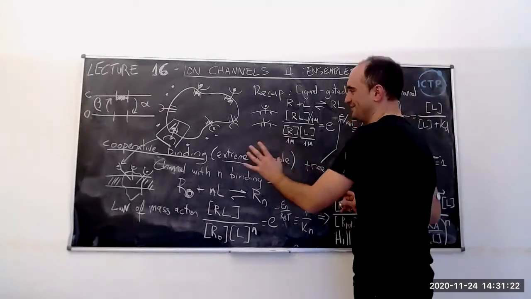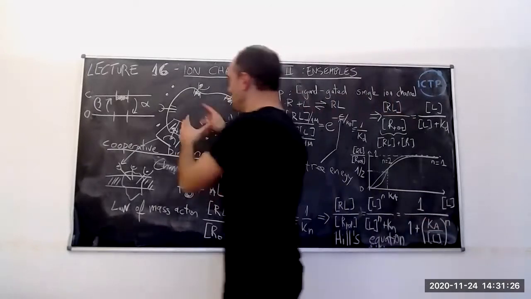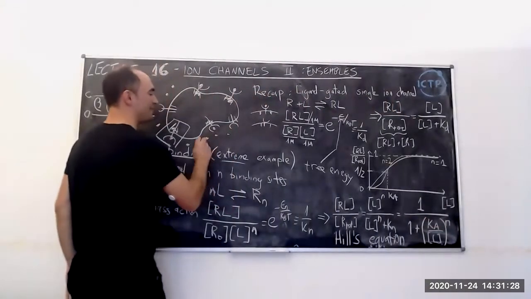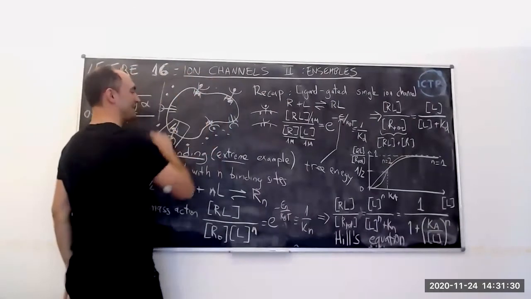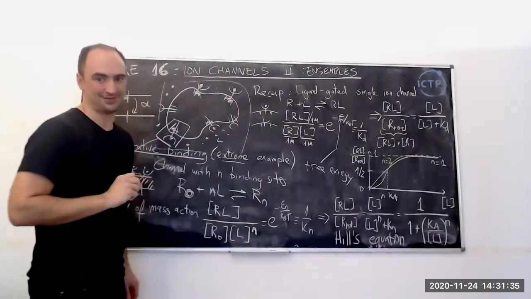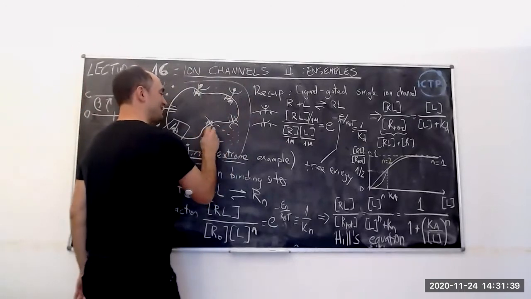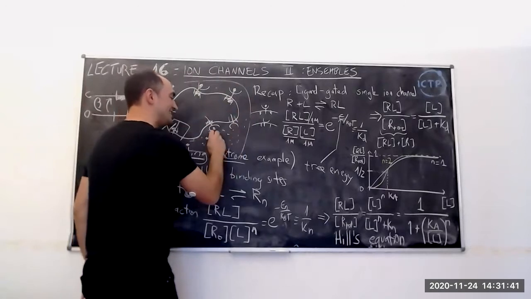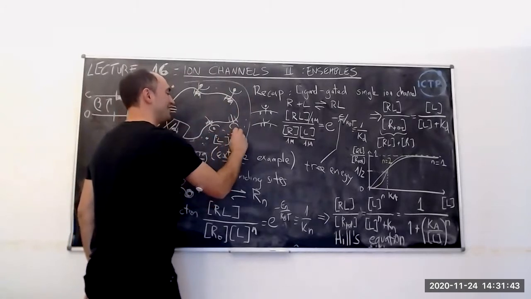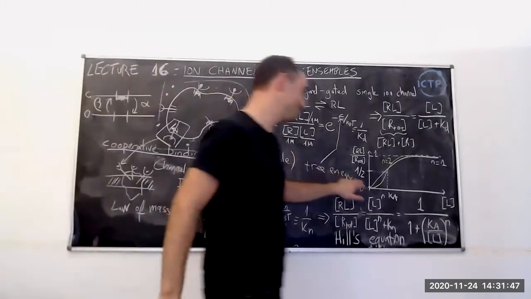The fraction of receptors that will be bound will depend on how many ligand molecules are around in the container. So if this concentration is very high, there are lots of these here, then this L will be very, very large.